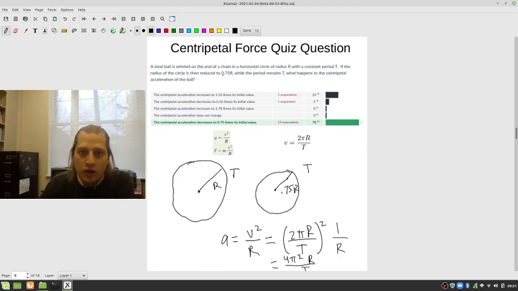Okay? So if you keep t the same and you reduce r to 0.75 r, what happens to the acceleration? It just goes to 0.75 times its initial value. Okay, so that's the idea.